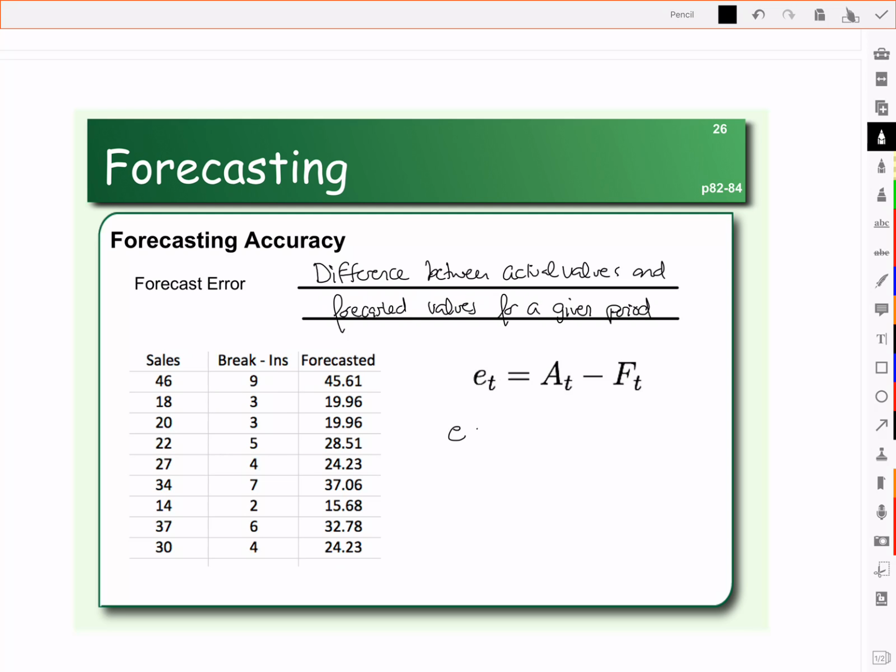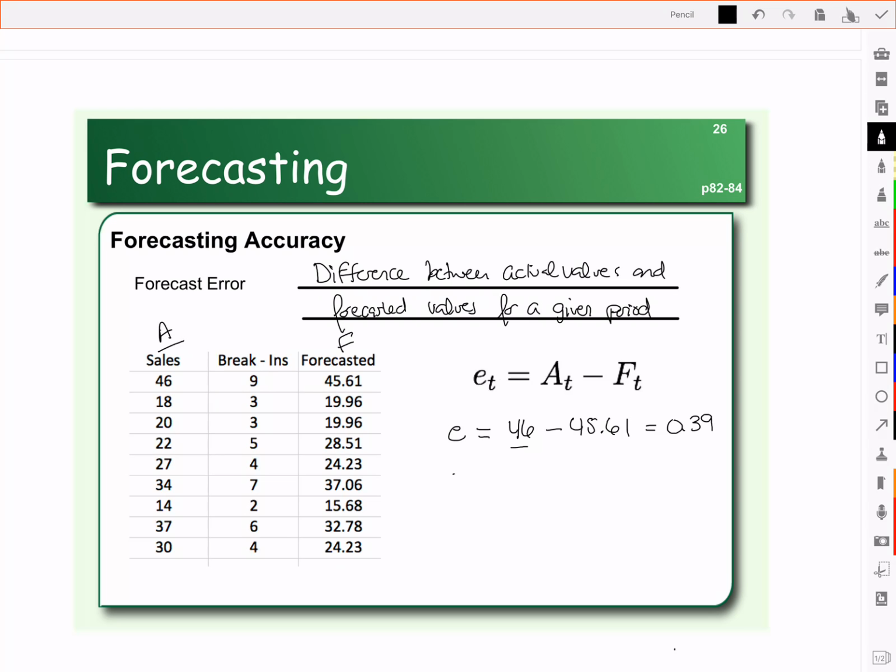So we can find our forecasting error by taking our actual, that's our sales, 46, and subtracting the forecasted of 45.61. Notice when we do that, we get 0.39. If you have a positive forecasting error, it means that your actual was higher than your forecasted.